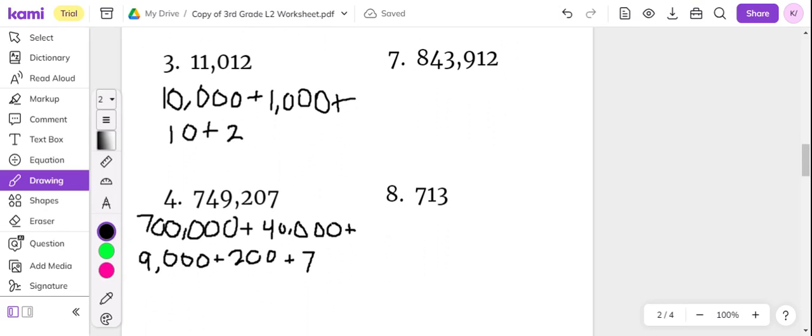Number 7. This is also a big number. So we'll start out with the 8 in the 100,000s place. So 800,000, 3 zeros, plus 40,000 right here. Plus 3,000 for the 3 in the thousands place.